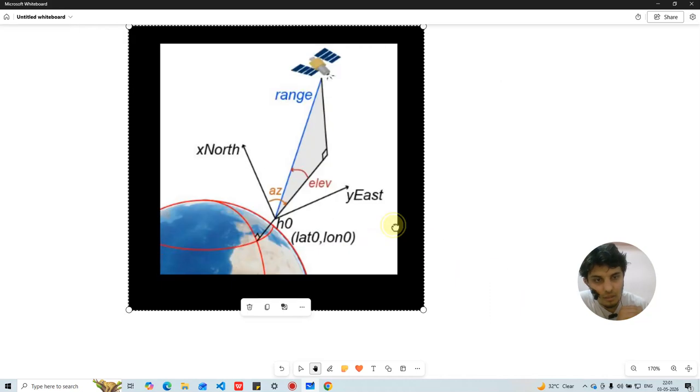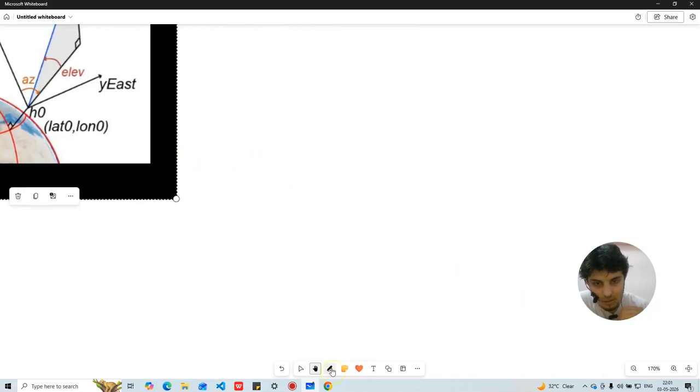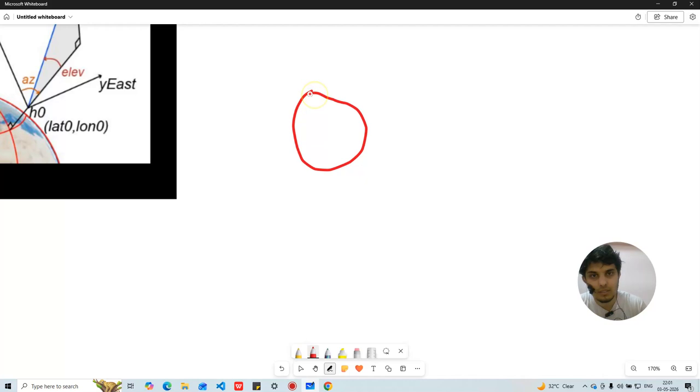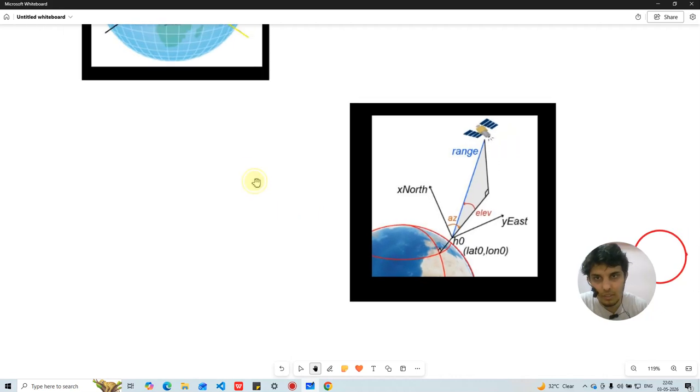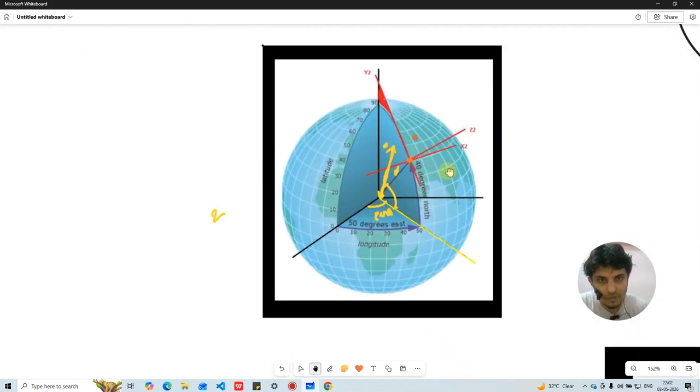So if I make a diagram, for example, this is the Earth. Please make it a circle. Thank you very much. I'm standing here. Is there a way that I can show it to you in 3D? We had a 3D, yes, we have it here.